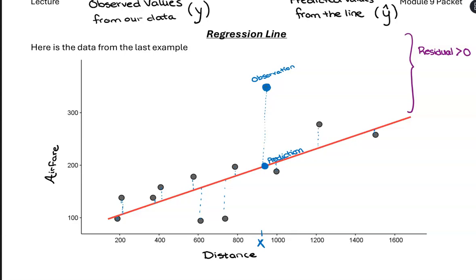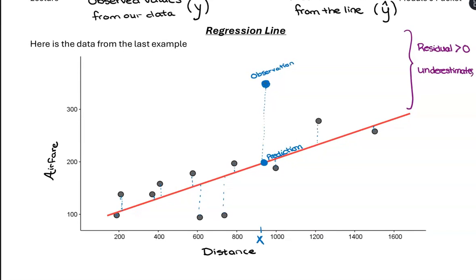And with that, the prediction underestimated what was happening. So above here is a bunch of underestimates coming from that equation of the line. We'll talk about that some more, but above here, getting positive residuals means that we underestimated what's happening.